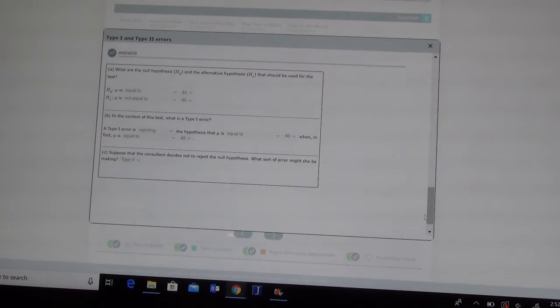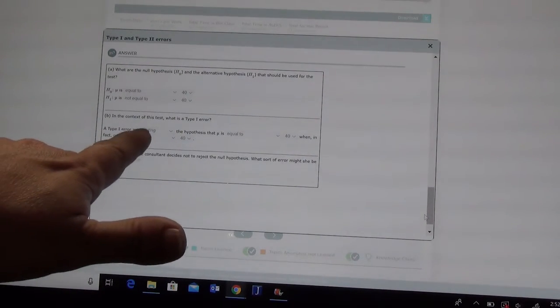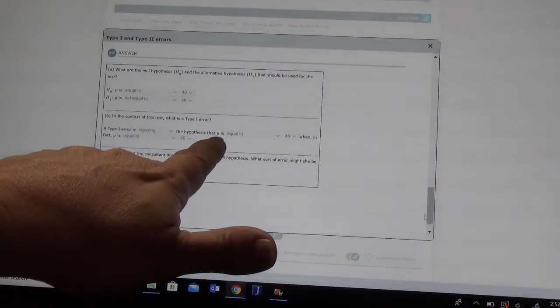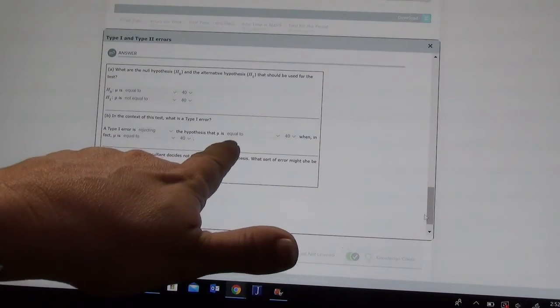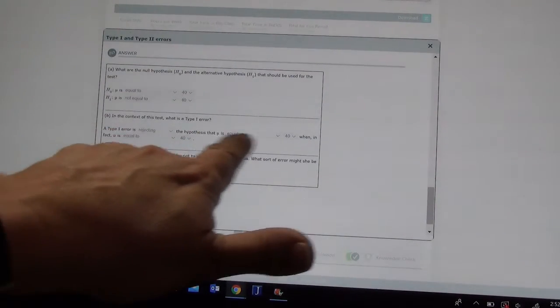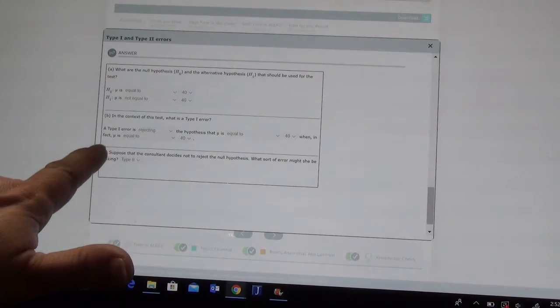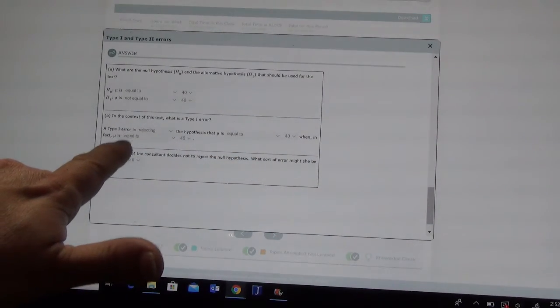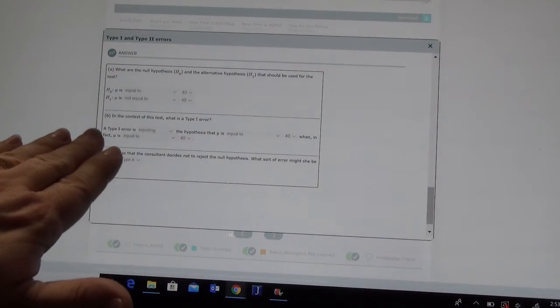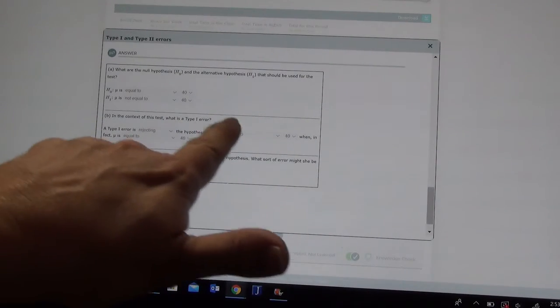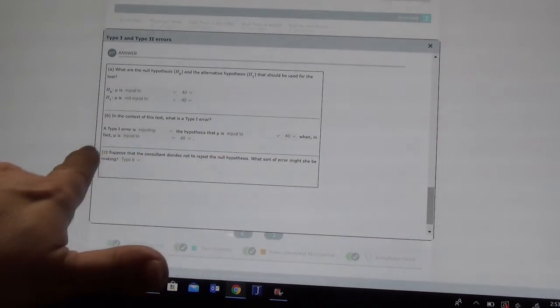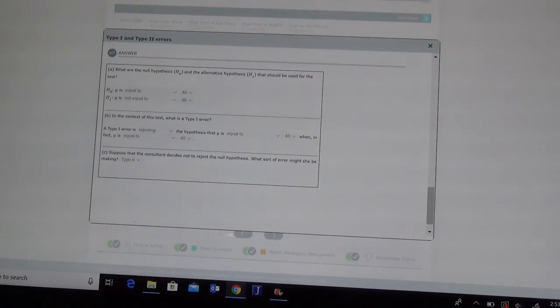A type 1 error is rejecting the null when it is actually true. So you reject the hypothesis that the mean is equal to 40 when it is actually equal to 40.